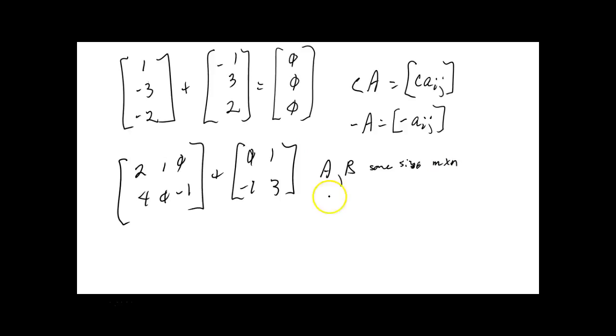Then if you're subtracting the two matrices, A minus B, all that is A plus the negative of B. Just like it was with subtracting signed numbers. If you're subtracting a -3 from a -7, you change the sign of the second number, make it -7 plus 3, and then add those.